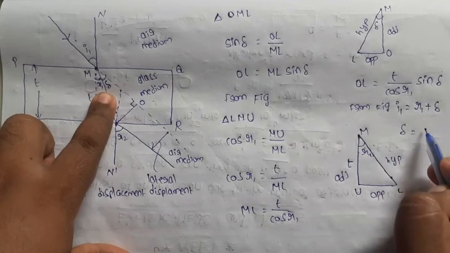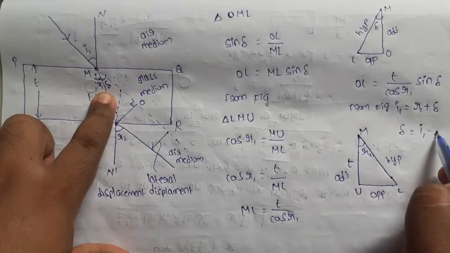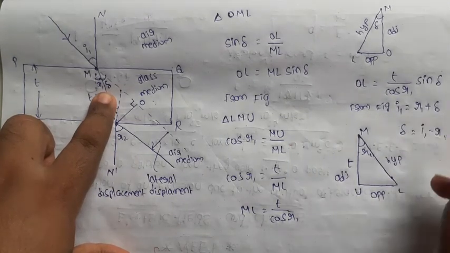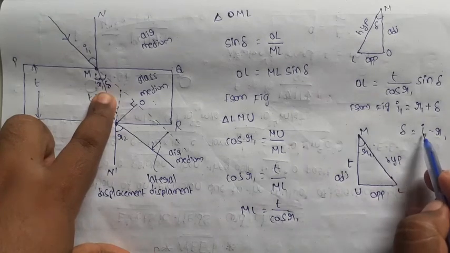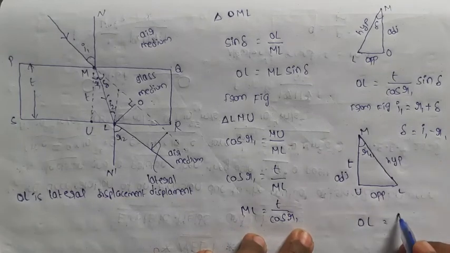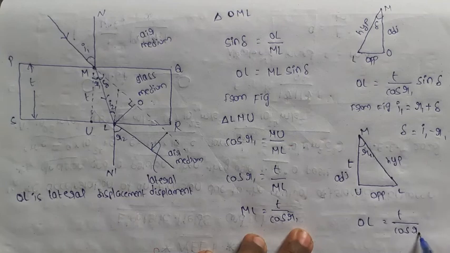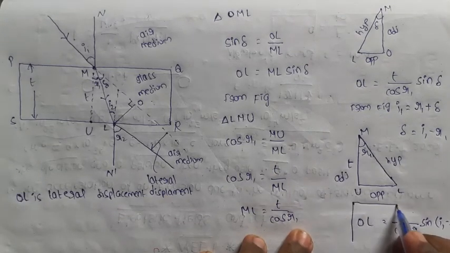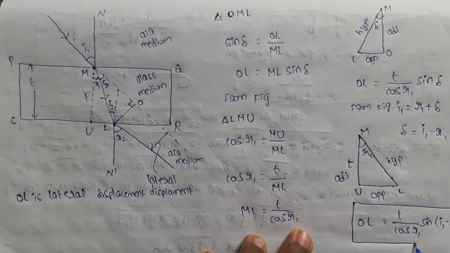Delta equals I1 minus R1. Substituting delta equals I1 minus R1, OL equals T by cos R1 times sin of I1 minus R1. This is the lateral displacement of the glass slab.